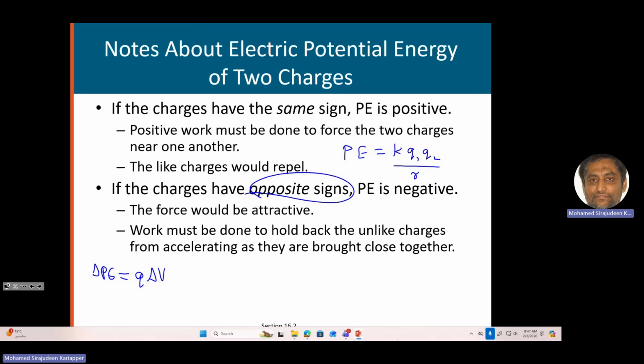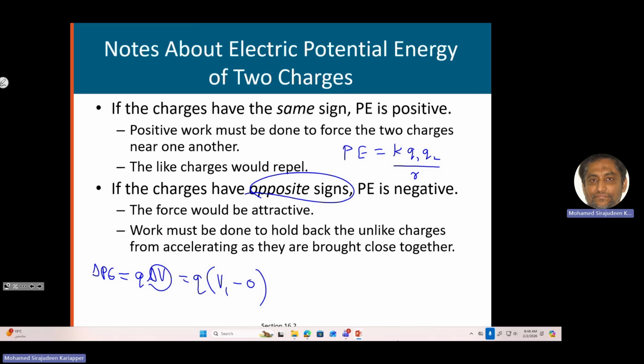And delta V is V2 minus V1. Initially, it is 0, because when the charge Q2 is at infinite distance away, it has zero potential. When it comes here, the potential changes to V1.